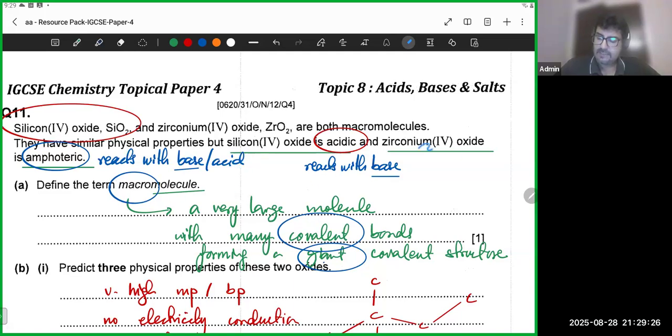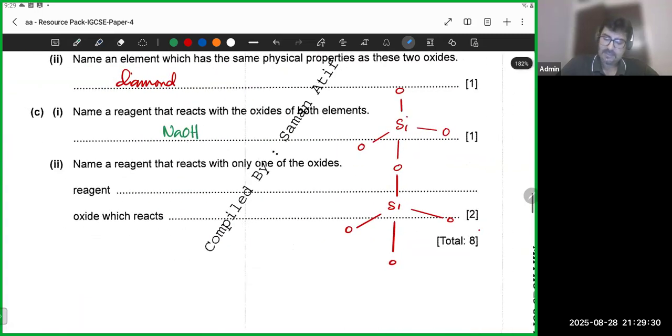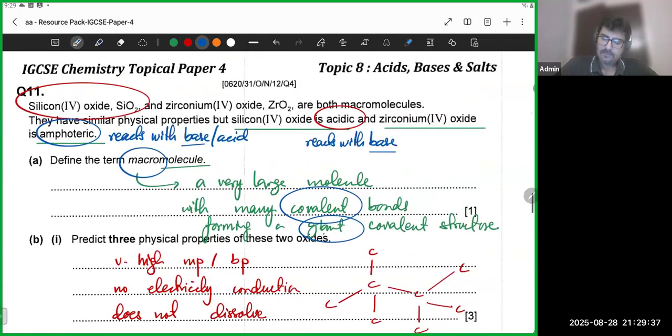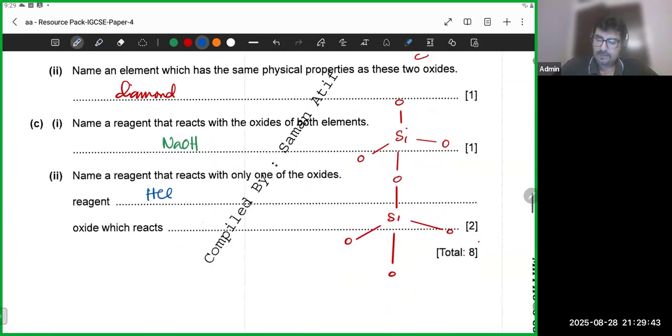So the other reagent, which is zirconium 4 oxide, you can think of HCl, and the oxide that reacts with it, that's the amphoteric one. That's zirconium 4 oxide.